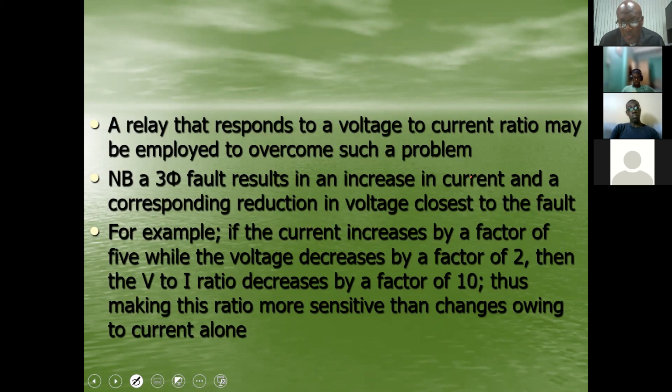So you'll have the impedance plummeting by a factor of 10. And we know that 10 times the system current is very conservative in terms of current under fault.